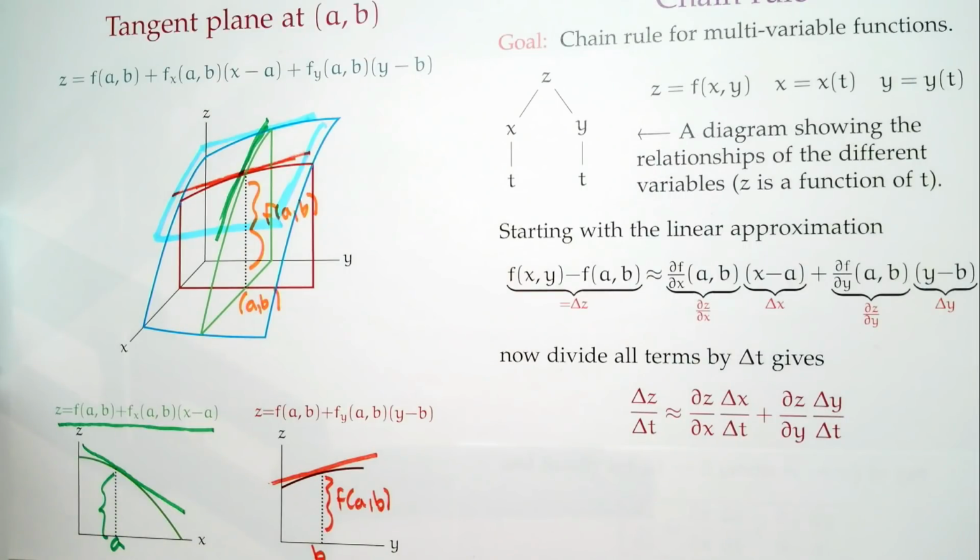How do you get your approximation to get better? Yeah, you make your delta smaller. So your approximation gets better the closer you are. So I want to make this delta t very small. How small should I make it? Very small. So I'm going to let delta t keep getting smaller and smaller.